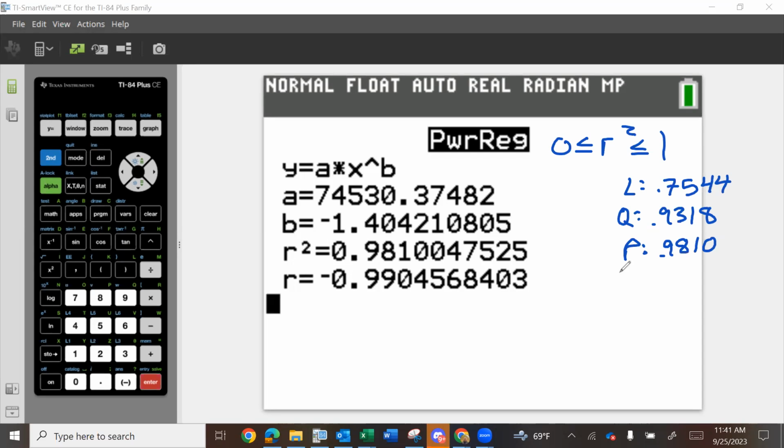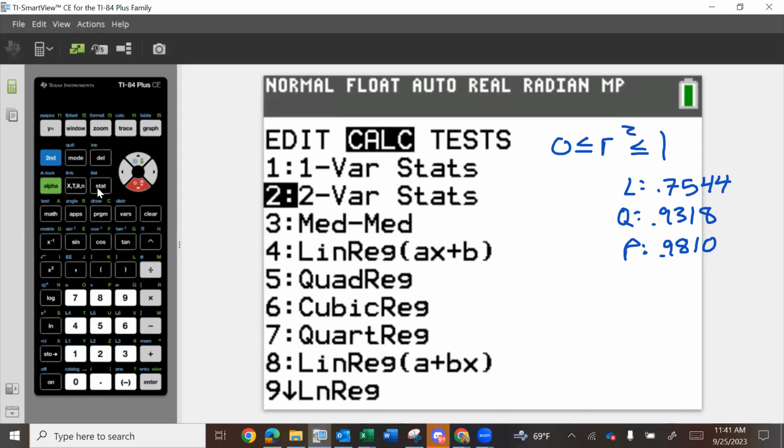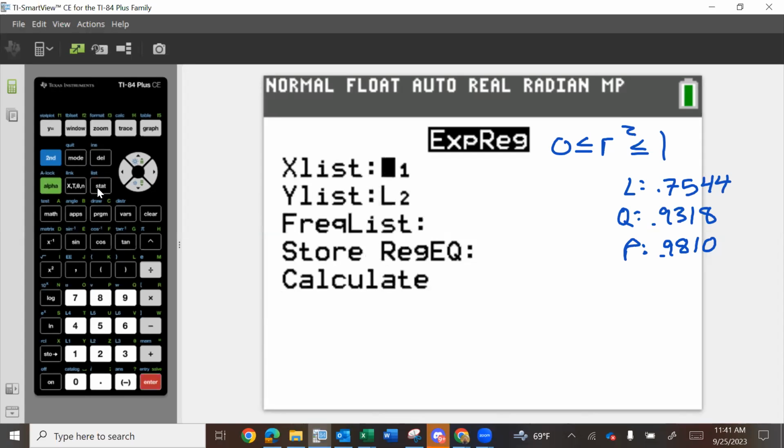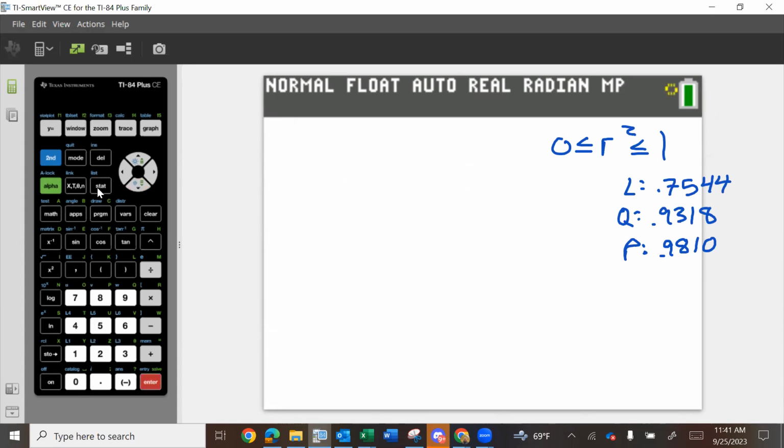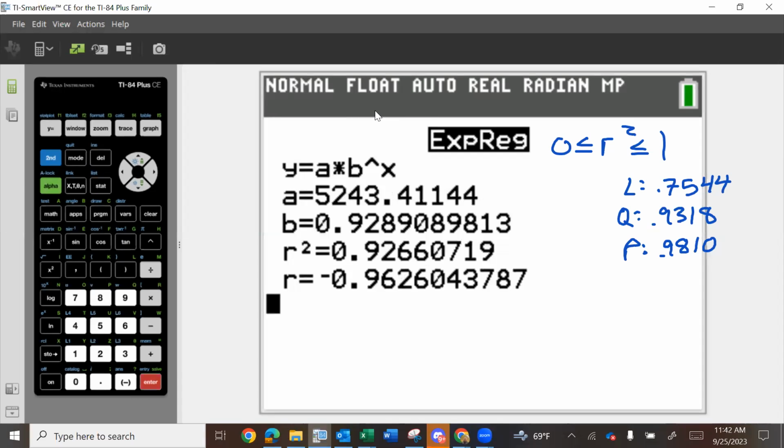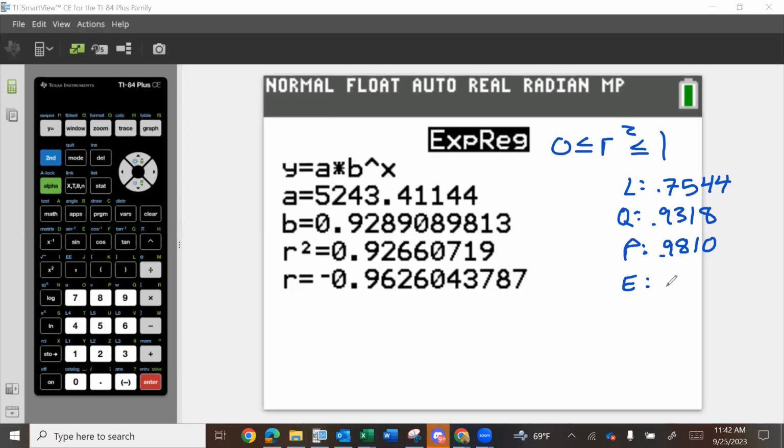Nice. Now let's try exponential, which I think was 0. Yes. And we get 0.9266, so a little lower than quadratic.